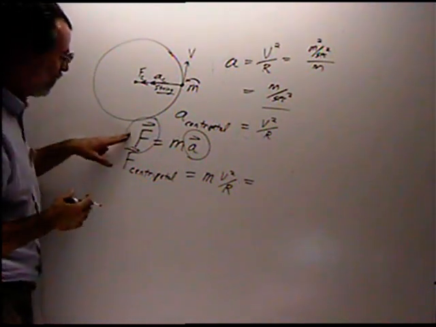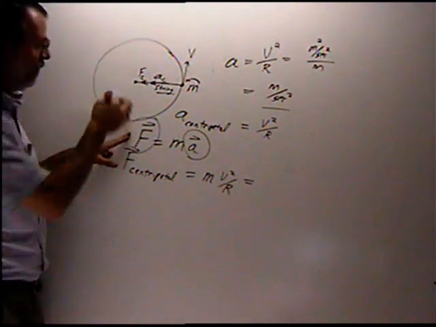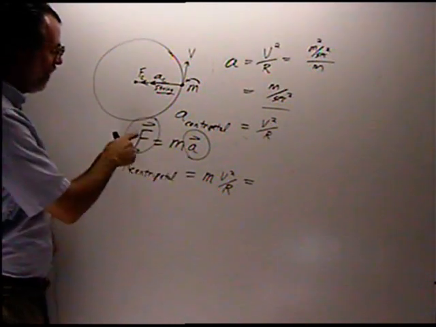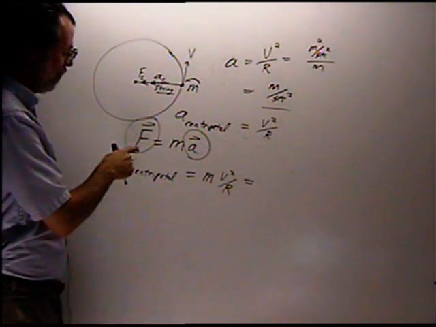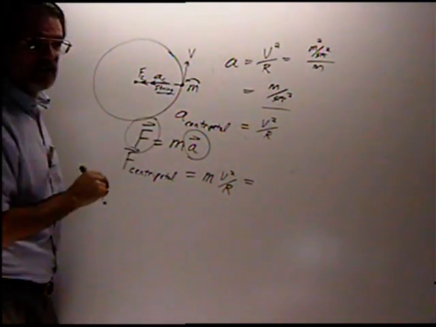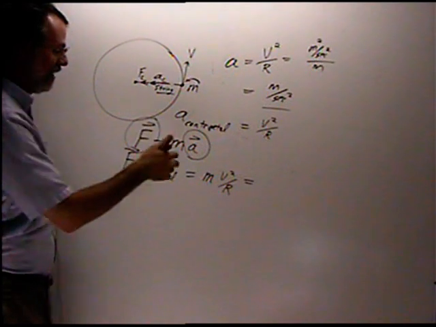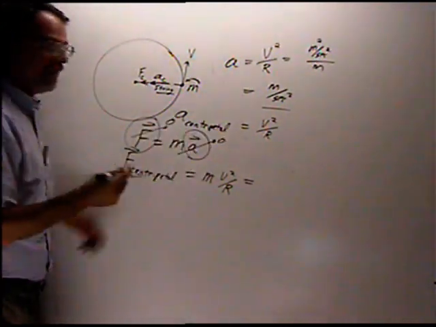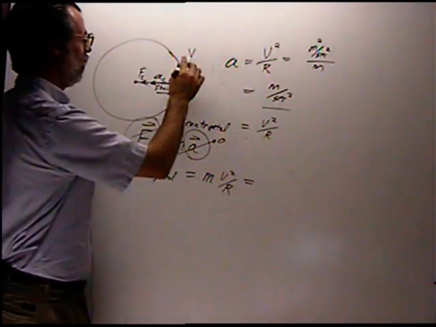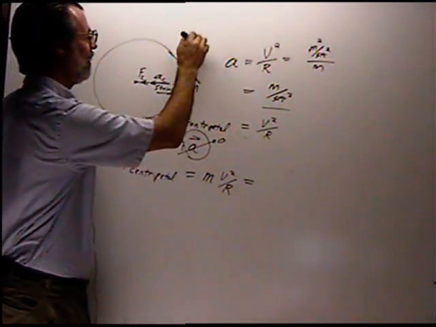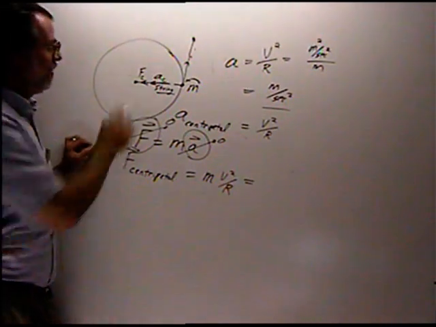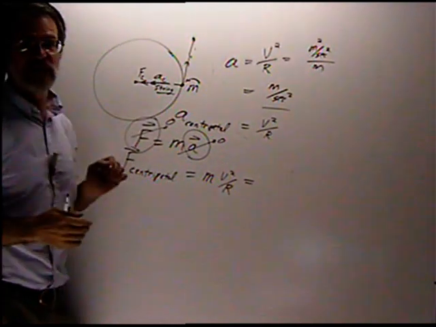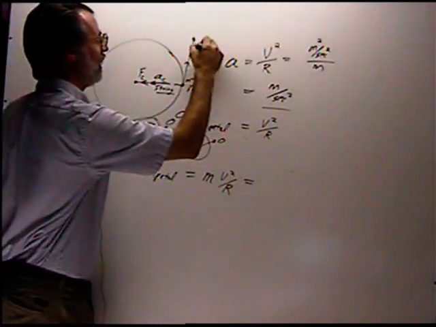If you stop supplying the force to keep it in a circle, suppose you cut the string, that would make the force go to zero. Then the acceleration goes to zero. And if there's no centripetal acceleration, what happens to the rock? The rock flies out at a tangent. You cut the string, boom, the rock immediately goes along a tangent and flies out of the circle. In fact, it flies along a straight line.